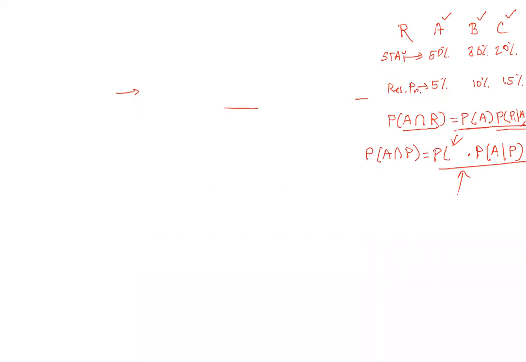Probability of R times probability of A given R. So I just changed the P to R for reservation problem to avoid the confusion. Is it okay, everybody? Are you guys with me, or did I confuse you a little bit? Are you okay?